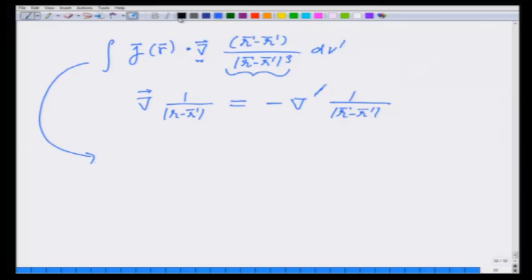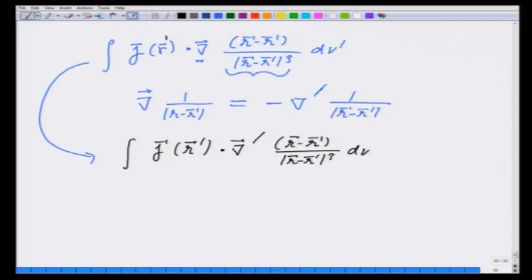So, I can write this as integral j r prime dot del prime acting on r minus r prime over r minus r prime cubed dv prime with a minus sign. To evaluate this, I will calculate its x, y and z components separately.